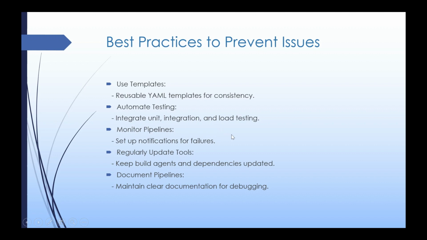You can monitor your pipeline. You can set up notifications for failure so that whenever any issue occurs, you will be notified and you can fix the issues. You can also add retry steps inside your pipeline. Sometimes pipelines fail because of intermittent issues or network issues or maybe any random kind of issues which you don't know, and retry can help.